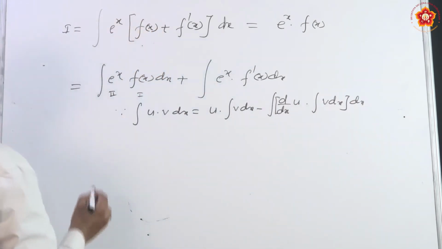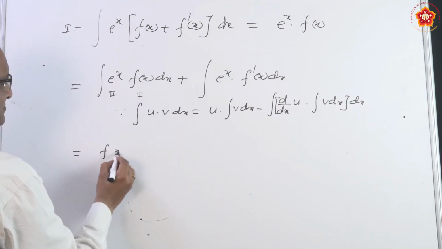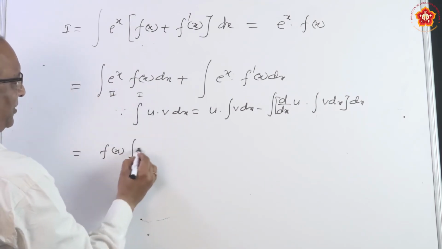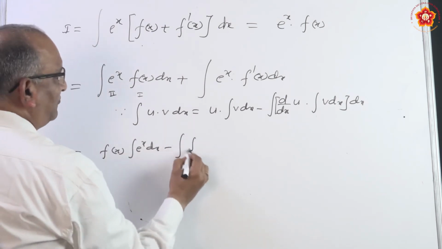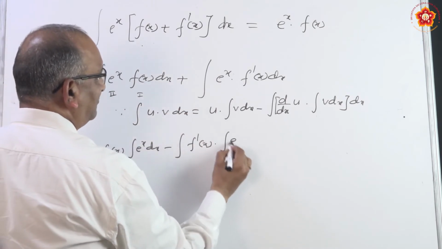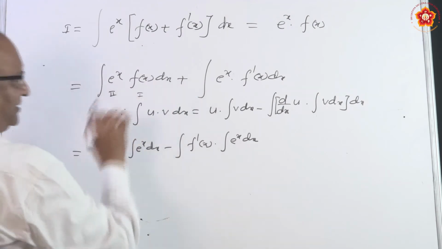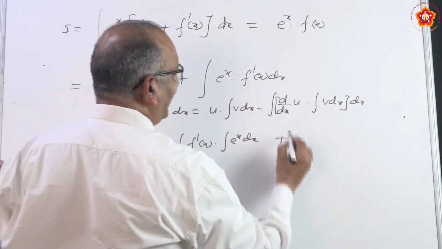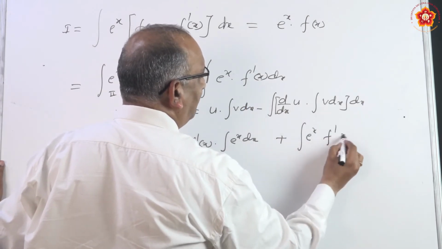Use that formula. So, first function, integral of e to the power x dx, minus integral of derivative of first, that is f dash x, into integral of second function. Remember, we have simplified only the first one, and the second one we are writing as it is. We are not applying the formula.